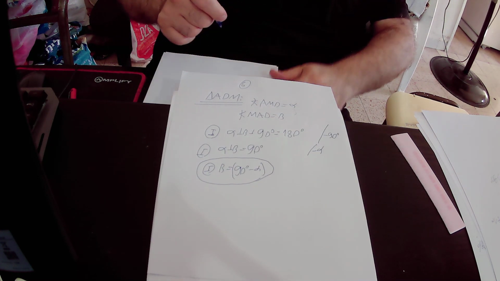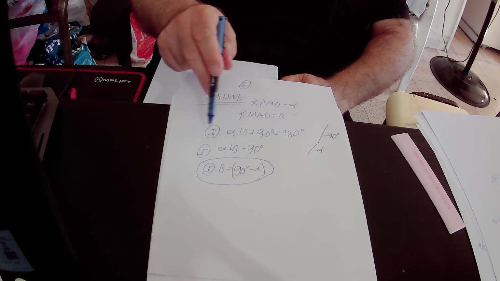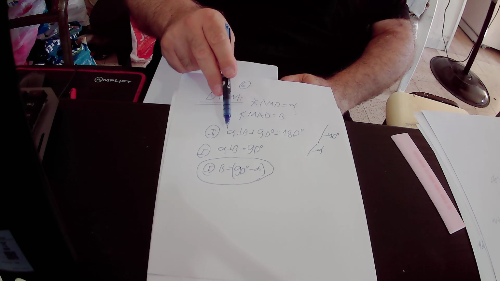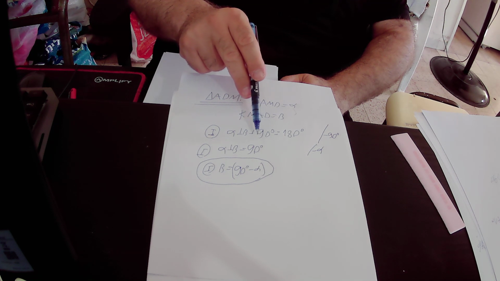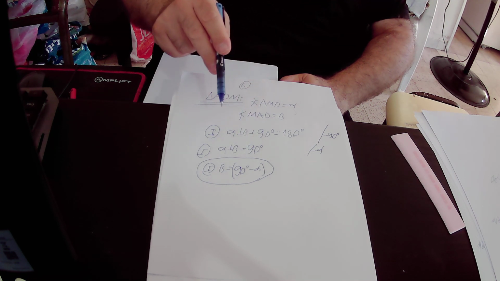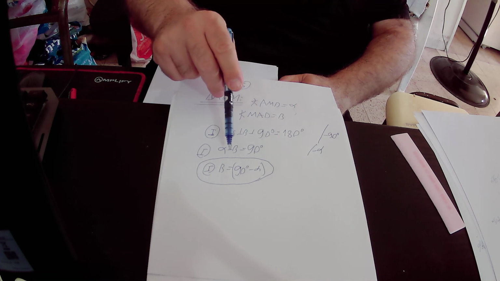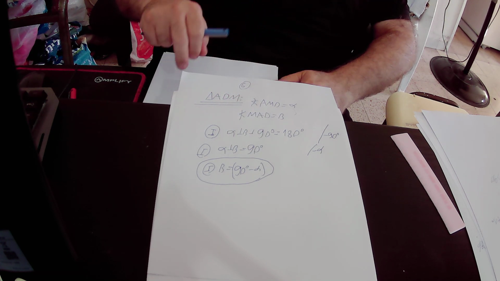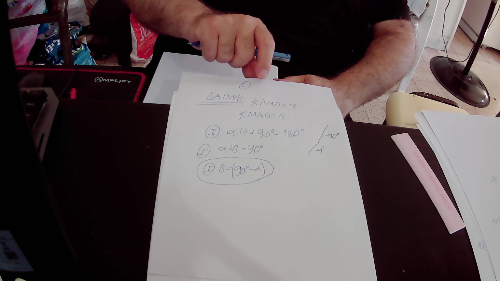We got that alpha plus beta minus alpha equals beta, and 90 degrees minus alpha. So we got from equation number 1 that beta equals 90 degrees minus alpha. That is equation number 1. Okay.